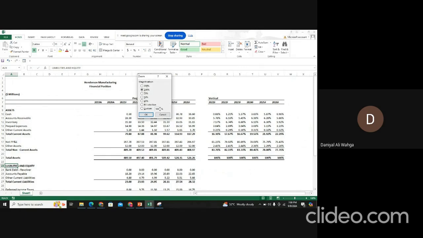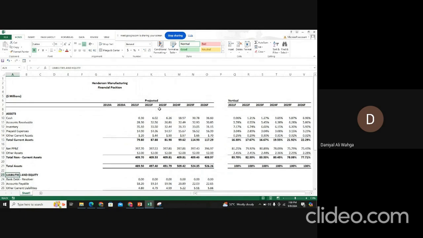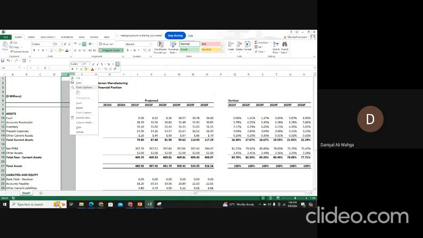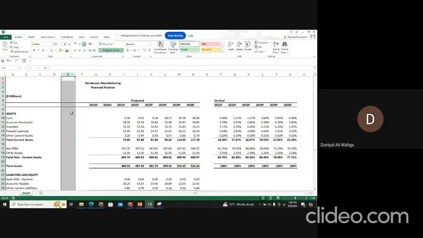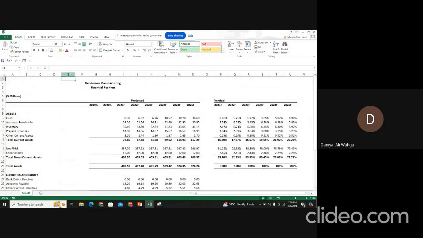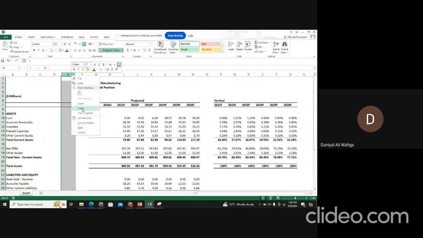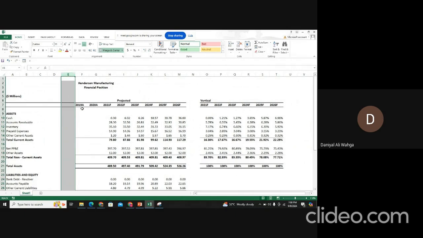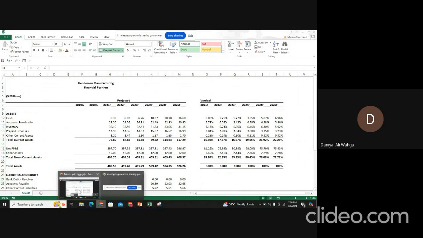Let me zoom in for a specific percentage. Just wait for a second.